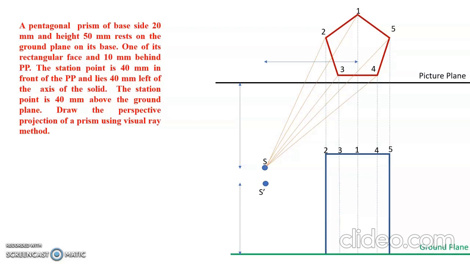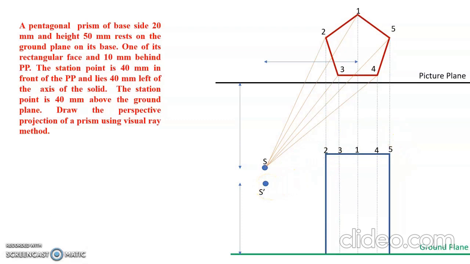the S dash. So there are two station points. We draw two station points in order to avoid the collision of all the rays. The top view should be connected to S and the front view should be connected to S dash.